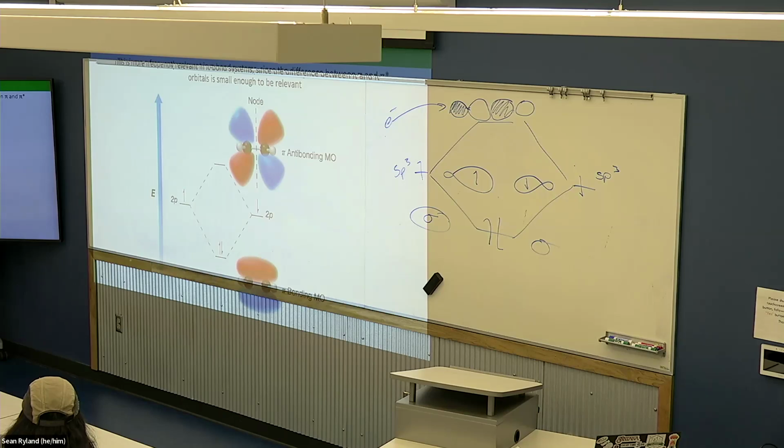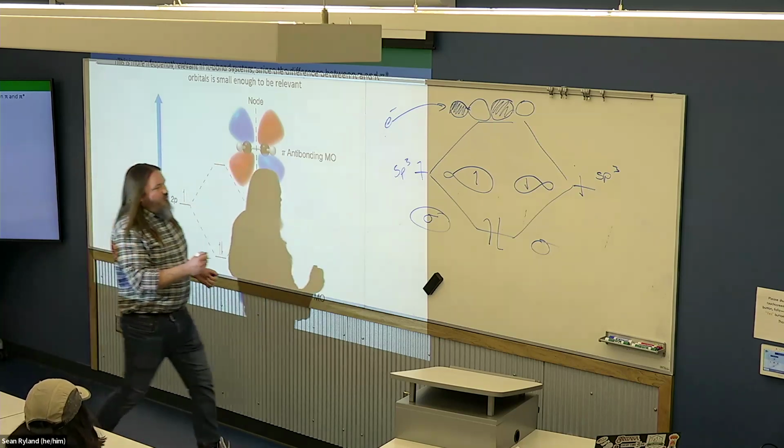Which works spatially because that means we're not trying to put too many electrons in the same spatial area. But it does have one node here. The anti-bonding orbital has two nodes. We added a node across where we had constructive interference. Now we have destructive interference.